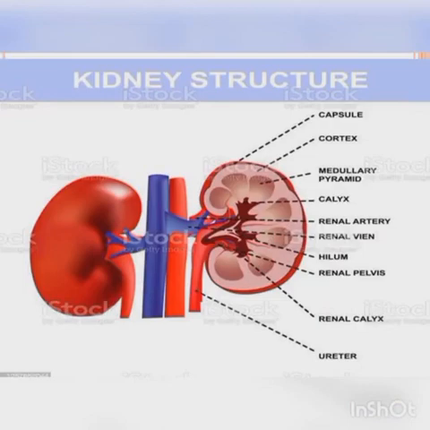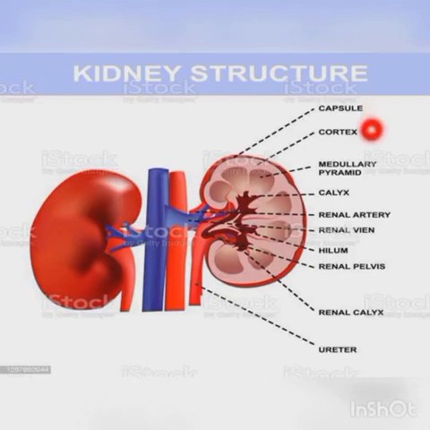Now we have to see the internal structure of kidney. At the outer portion, kidney consists of a portion that is known as cortex. Inner to the cortex, pyramid shaped structure is present that is known as medullary pyramid.